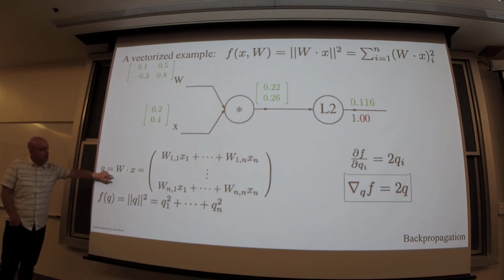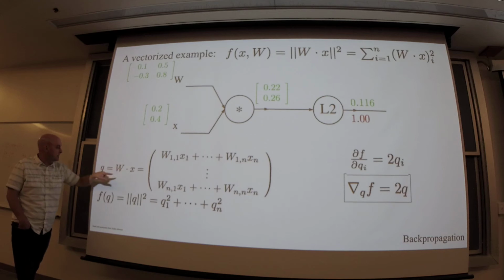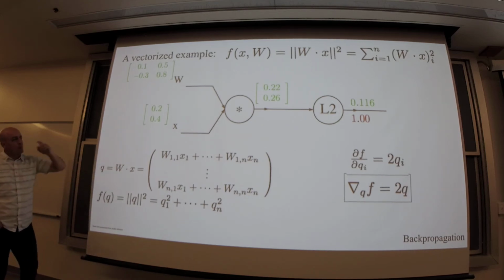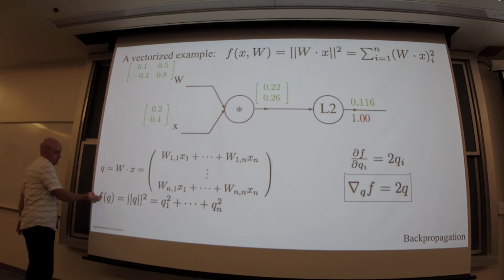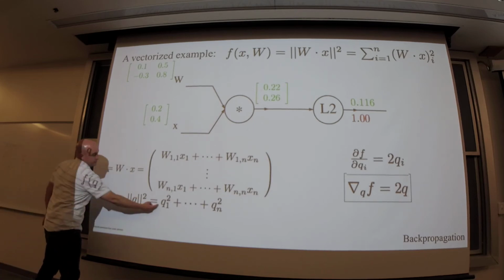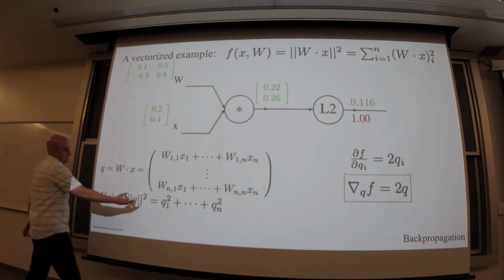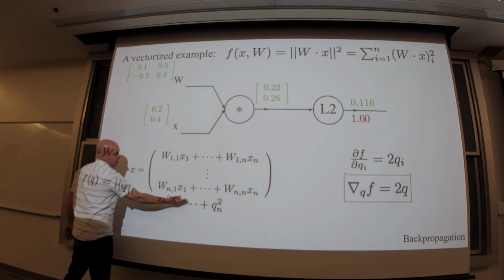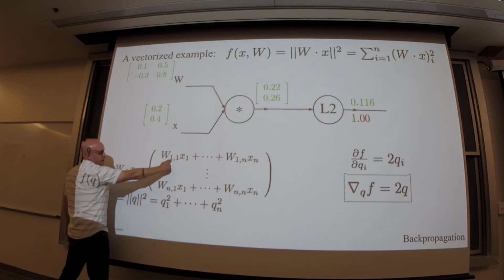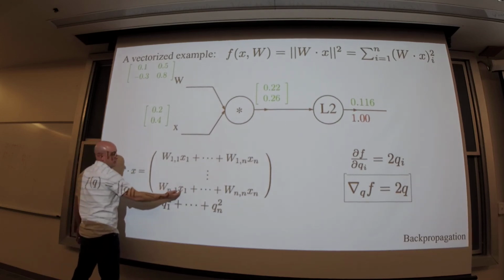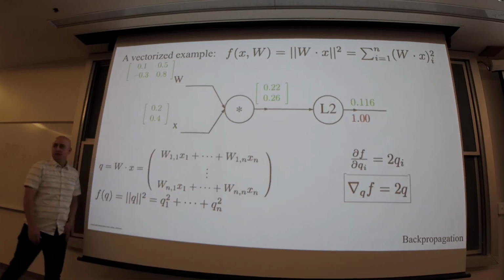The vector that is the output of W times X, we're just calling Q. Then when we apply the L2 node to this, it's f of Q, the sum of the squares. N here is only 2, so this is just Q1 squared plus Q2 squared. And this right here is just W11x1 plus W12x2. This is W21x1 plus W22x2.